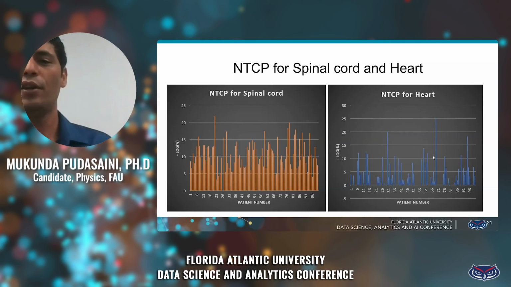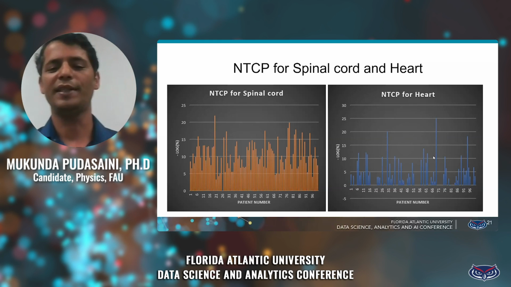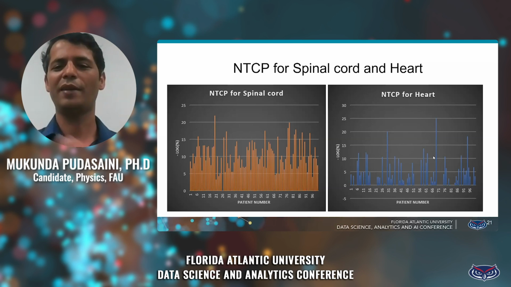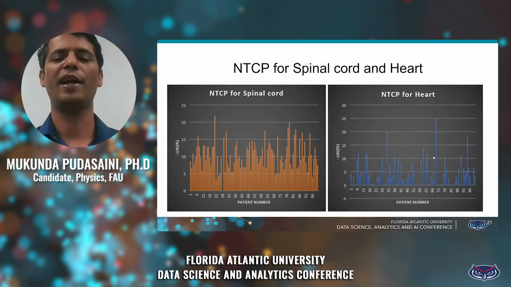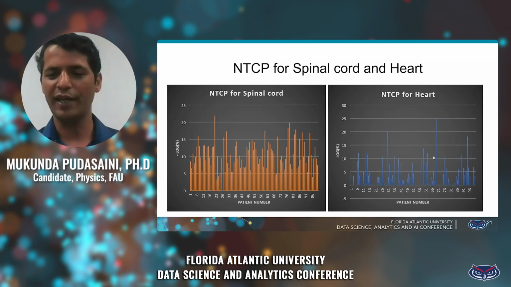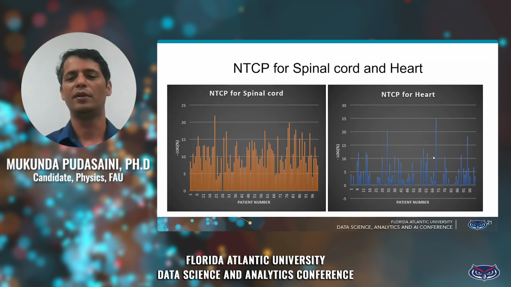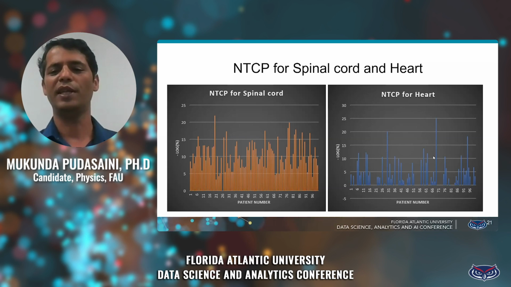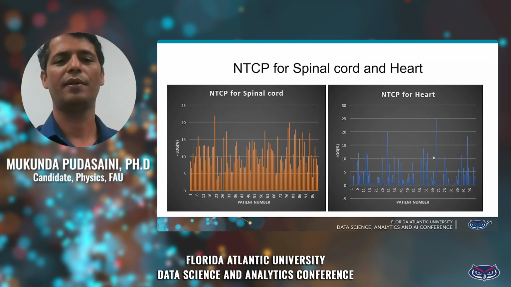The 0 values we see on the graph in some patient cases are because for those patients, either the normal organ is not exposed to the radiation, or the dose is not measured for that specific organ.